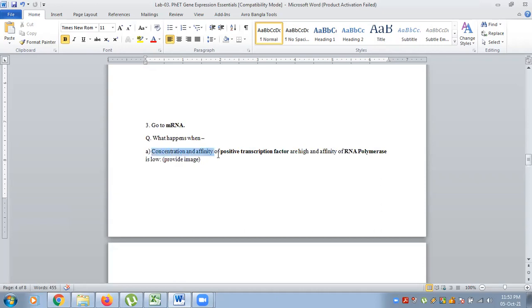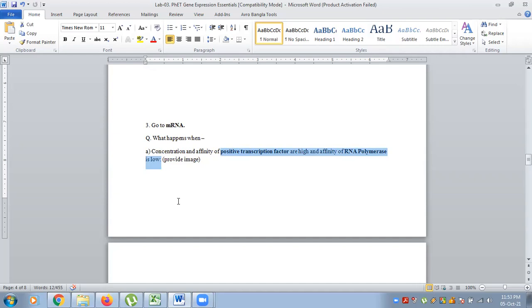Concentration and affinity of positive transcription factor are high and affinity of RNA polymerase is low. So we need to fix the affinity of PTF, that is positive transcription factor, high, and affinity of RNA polymerase low. So we need to fix these things and then attach the screenshot here.